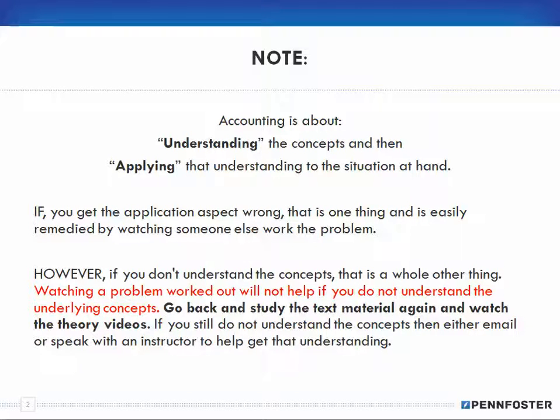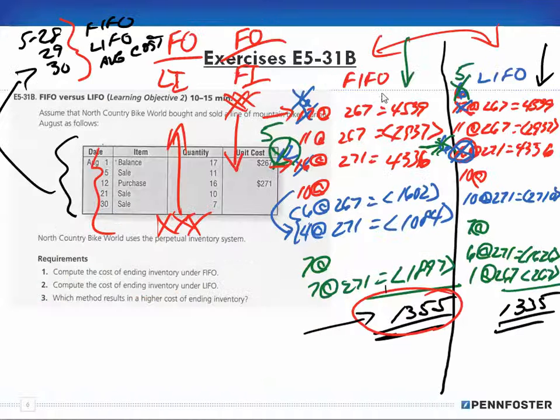Right now, in the last video, we had worked on 531B. Basically, that was about getting the cost of the ending inventory, meaning if you had watched 528, 529, and 530, we had purchases, we had cost of goods sold, and then we had our total inventory value.